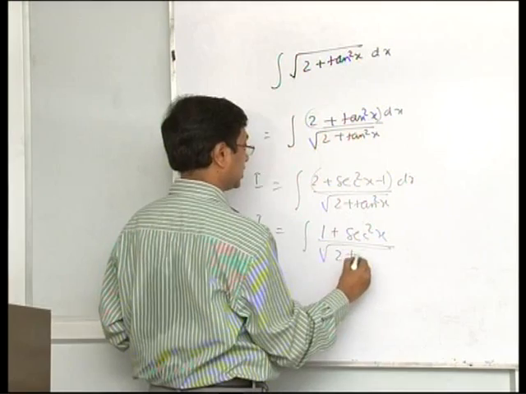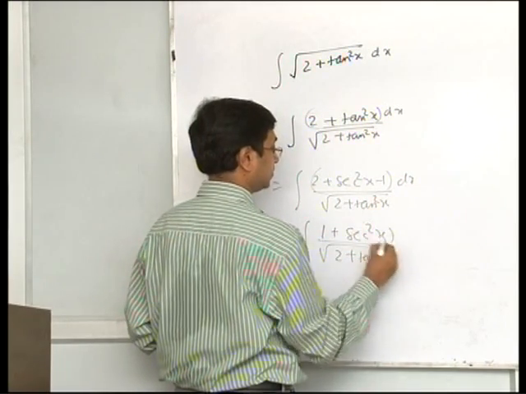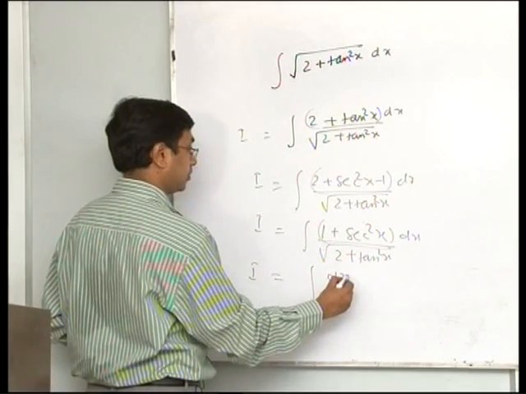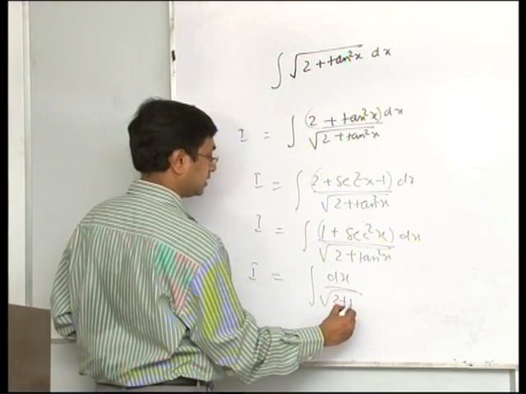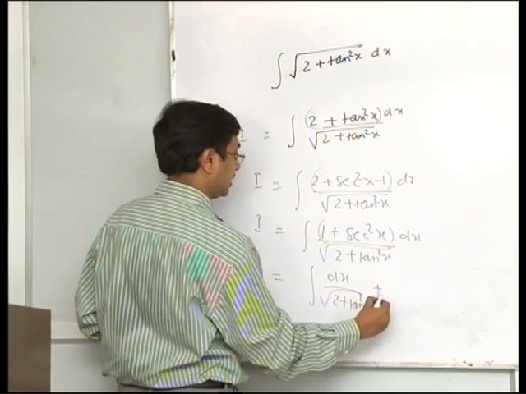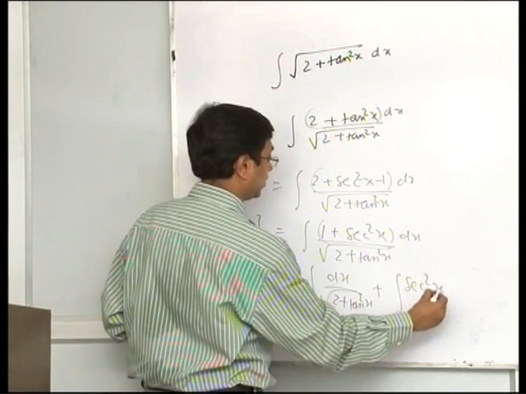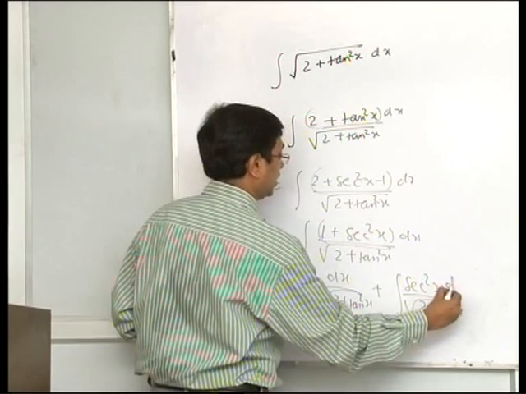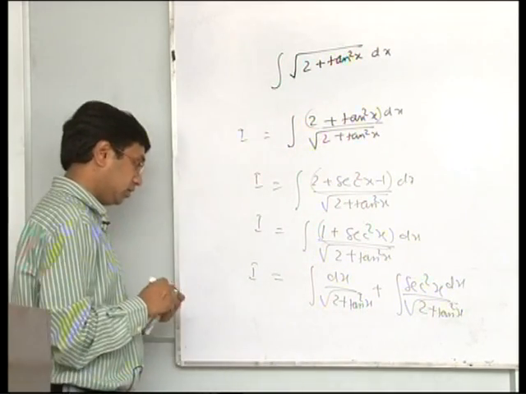Yes. Now it's comparatively simpler to do that. So I becomes dx upon root of 2 plus tan square x and sec square x upon root of 2 plus tan square x. So this can be easily integrated.